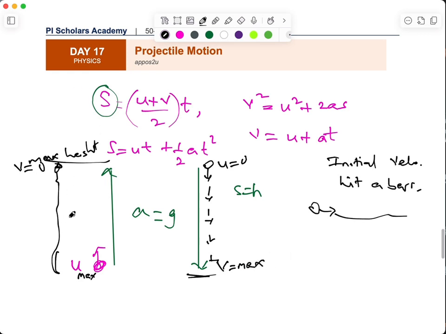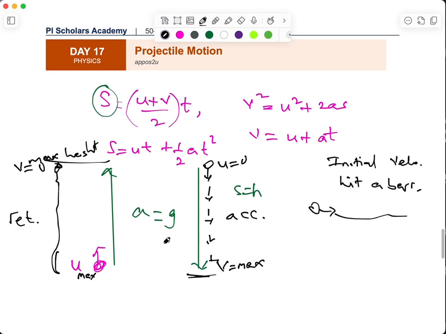So what can you now see about when you are going up and when you are coming down? If your speed is decreasing as you are going up, like I've explained in the previous class, that means that you are experiencing a retardation. And if your velocity is increasing as you are coming down, that means that you are experiencing a form of acceleration.